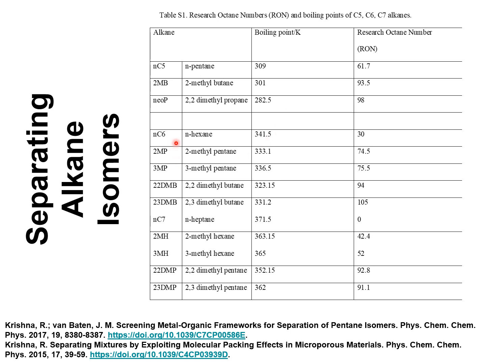The separation of alkane isomers is of great importance in the petroleum industry. If we look at the isomers of C5, C6, and C7 alkanes, we note that for C5 alkanes there are 3 isomers: normal pentane, 2-methylbutane, and 2,2-dimethylpropane, otherwise called neopentane.